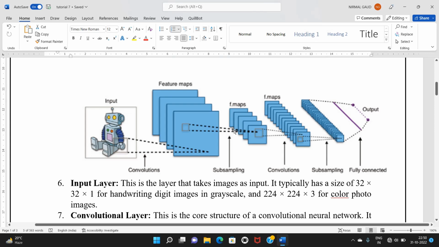Whatever features I collected were collected by the pooling layer. For example, in this image, this is certainly a frame, and you can see this rectangle here. This is one of the features extracted in your feature maps.